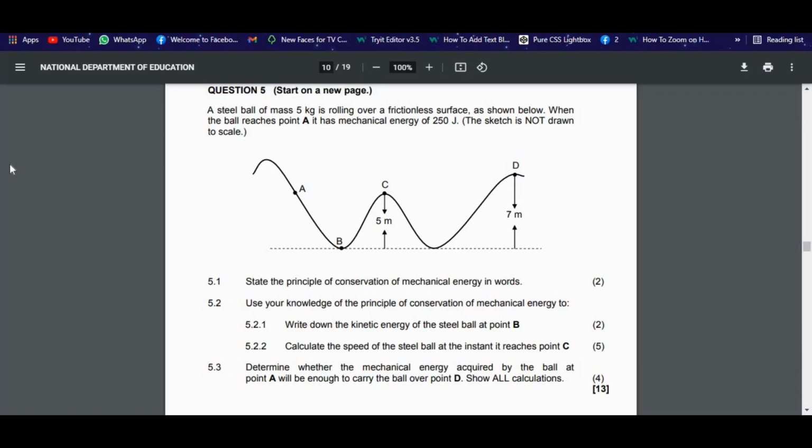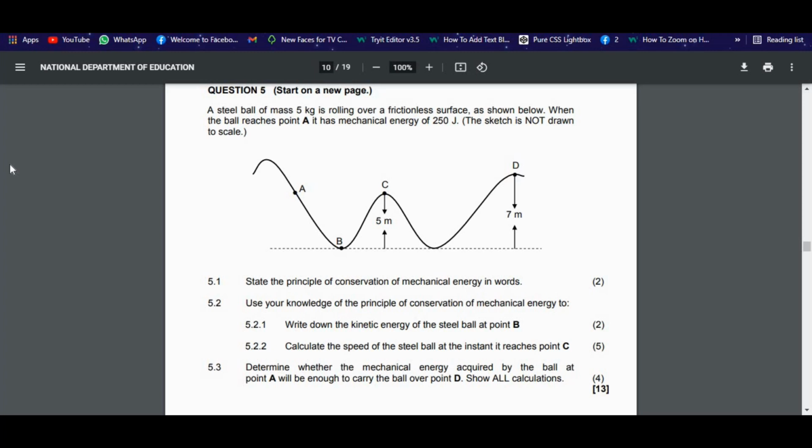5.3 says determine whether the mechanical energy acquired by the ball at point A will be enough to carry the ball over point D. Okay? Let's have a look again at that question before we begin to do anything, because that question does sound like one that might just bamboozle a lot of students.